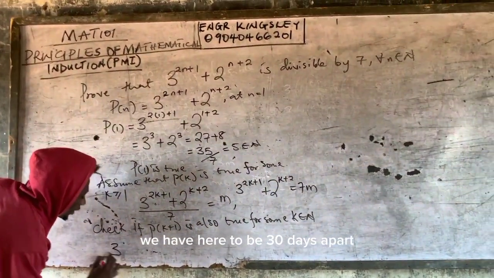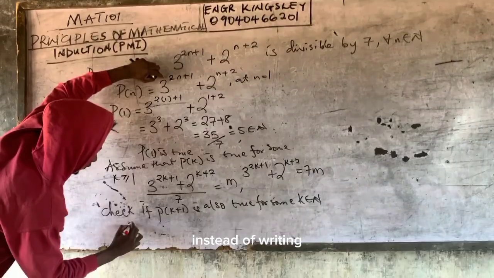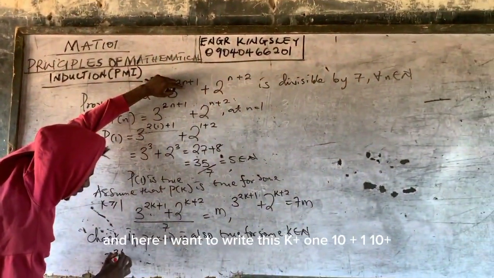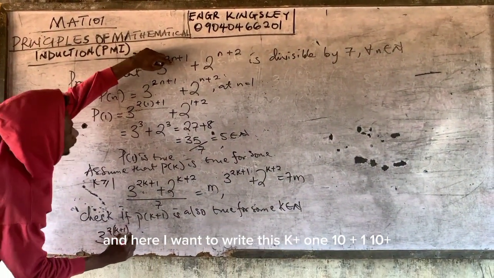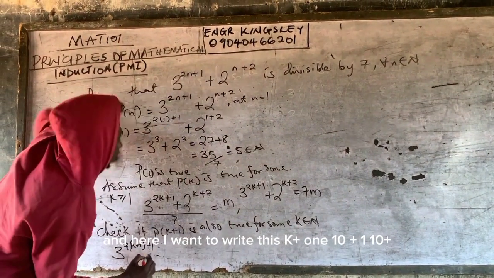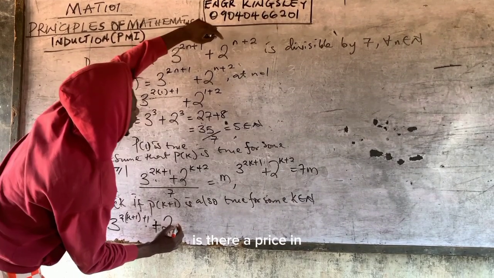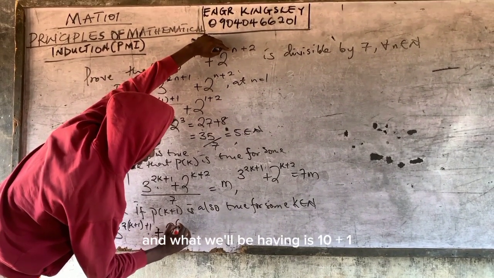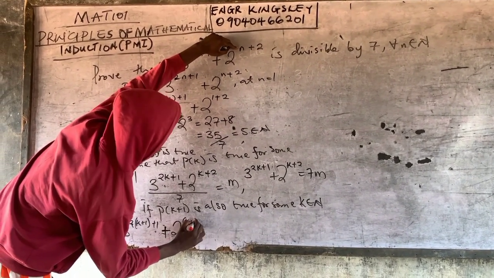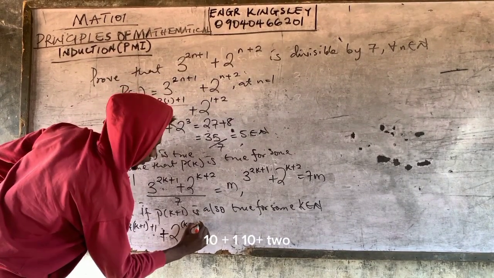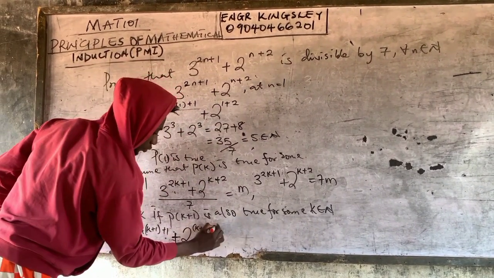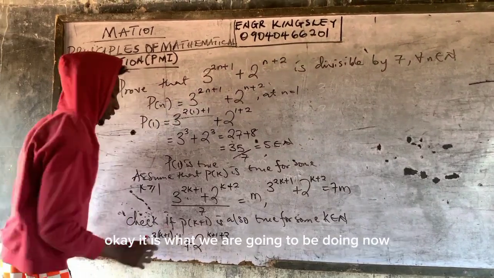We have 3 raised to the power, instead of writing n here, we write k plus 1, then plus 1. Plus we'll be having 2 raised to the power, instead of writing n, k plus 1, then plus 2. This is what we are going to be doing now.